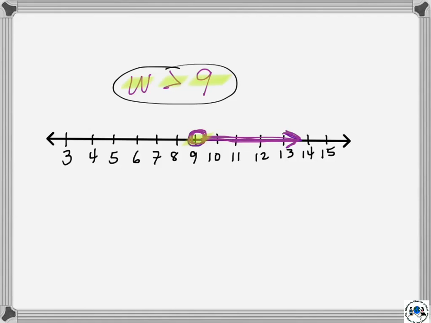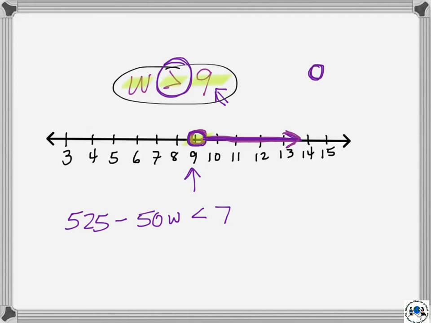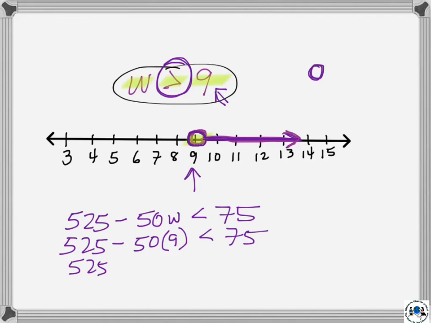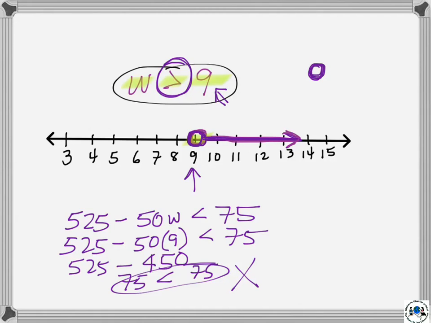The way I do that is take my 9 and plug it into my original equation, which is 525 minus 50W is less than 75. If I plug in 9, you can see that does not work, because 75 is not less than 75.